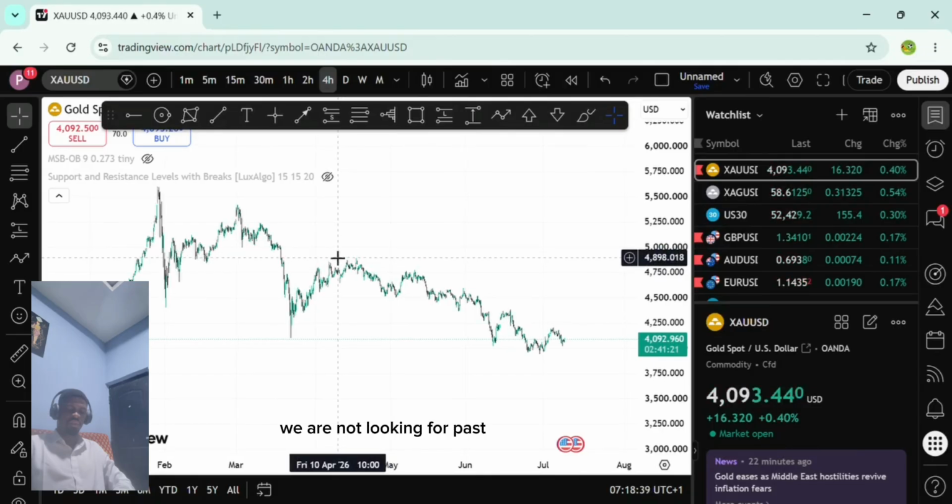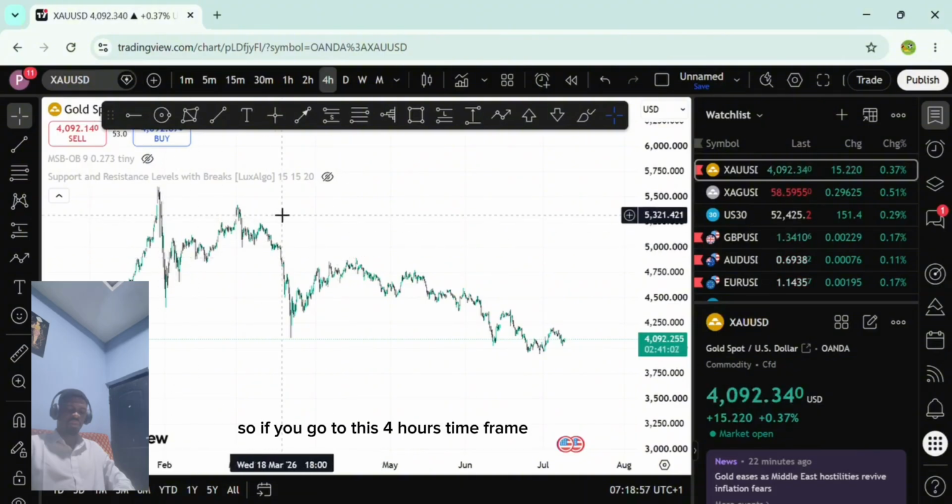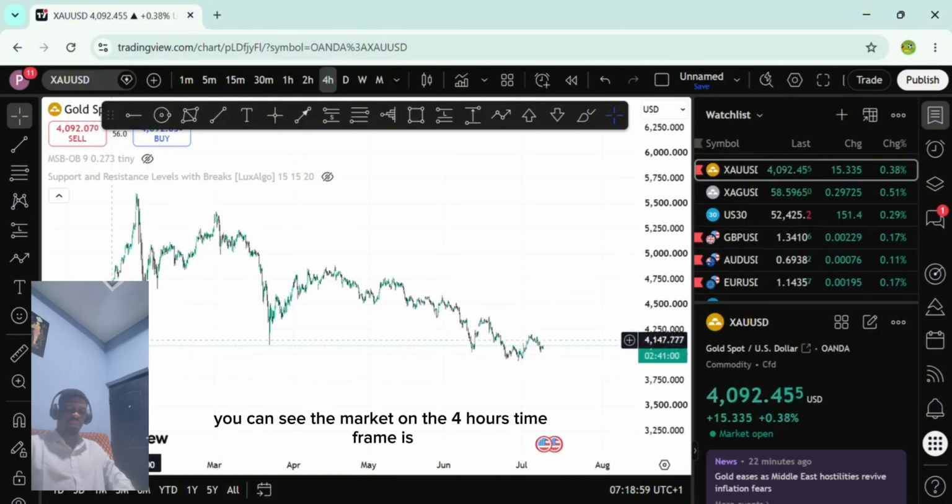We are not looking for the past. Though we have seen what the market has done over time, when you go into a smaller time frame, you will see what the market is doing recently.